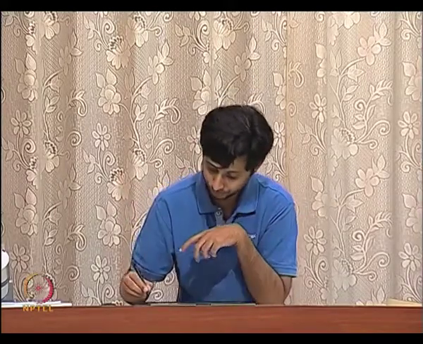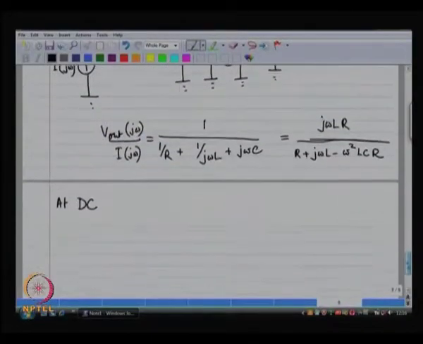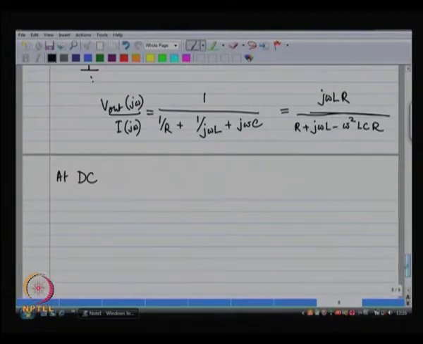So, if the inductor is a short circuit, then the output voltage should be equal to 0, which means that the voltage output divided by the current is also going to be equal to 0. Okay. So, I plug in omega equal to 0, the numerator becomes equal to 0, the denominator is R. So, naturally the result is equal to 0.